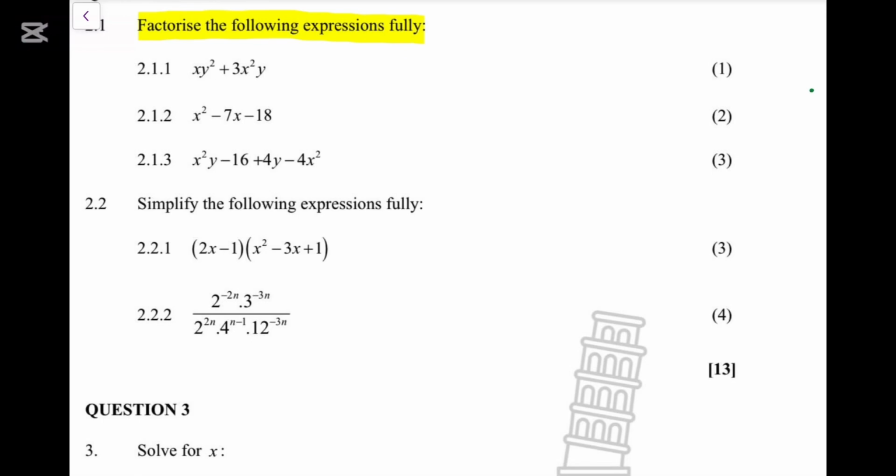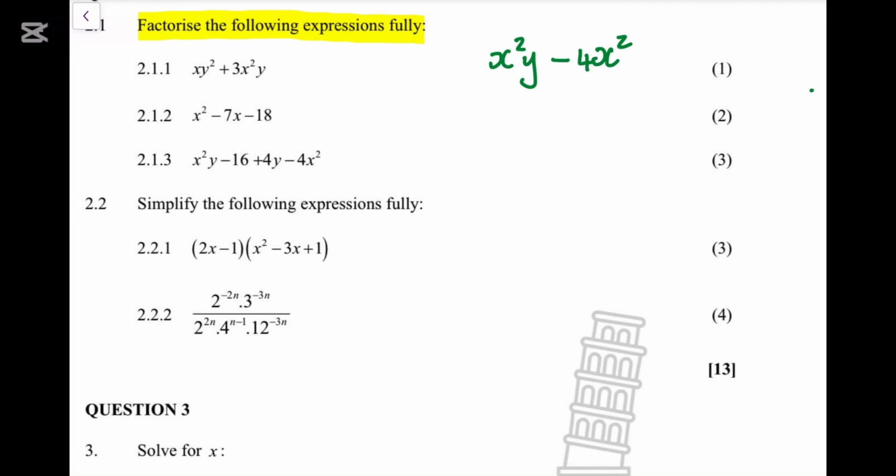2.1.3, we can see that we have 4 terms. So 4 terms, we need to think about grouping. So now we need to see how can we best group these terms. So we can group x squared y, and then we can group it with negative 4x squared, so that we will be able to take out the common factor.